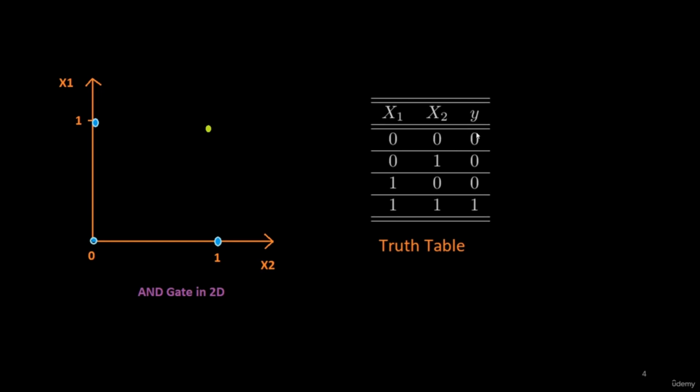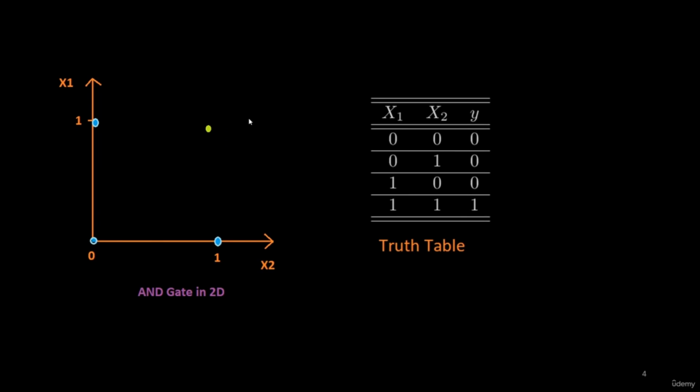Now if we see, we have two kinds of classes, that is 0 and 1. First three data samples belong to class 0 and the fourth data sample belongs to class 1. So here those samples which belong to class 0 are denoted with light blue color, and the sample which belongs to class 1 is denoted by light green color.